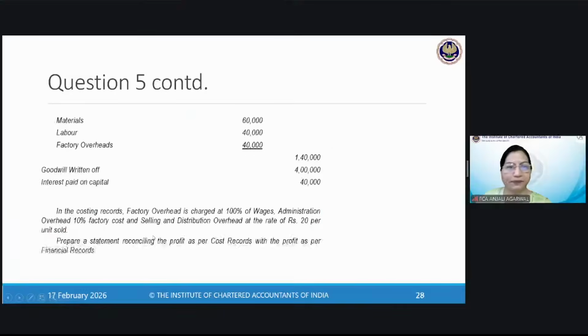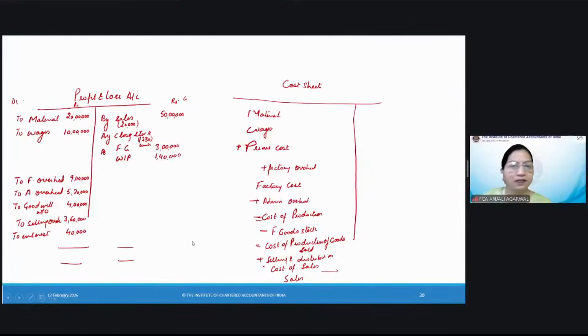Okay, so first complete this. 54 lakhs 40,000 and 30 lakhs. So 24 lakh 40,000 is your gross profit.